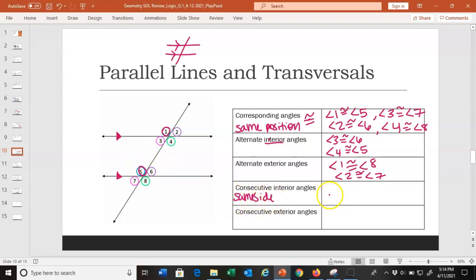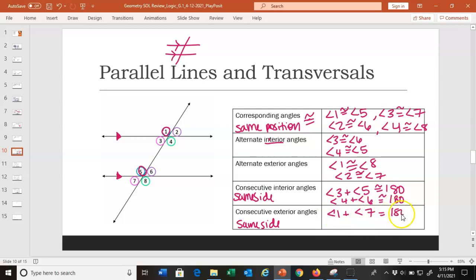And those are actually supplementary. So angle 3 plus angle 5 is 180. And then angle 4 and angle 6 are also same side or consecutive interior angles. And then similarly, we have the same thing for exterior. So they're on the same side of the transversal, angle 1 and angle 7.